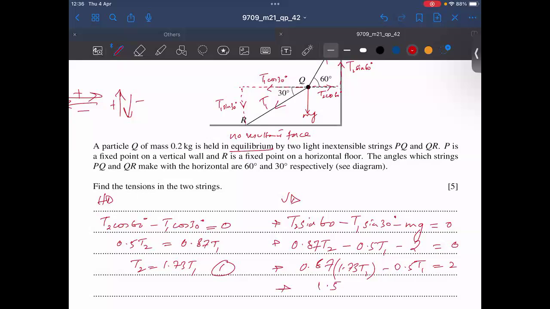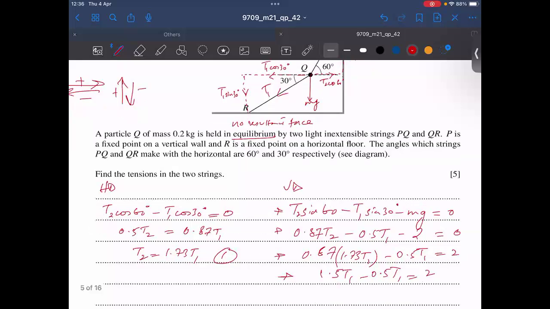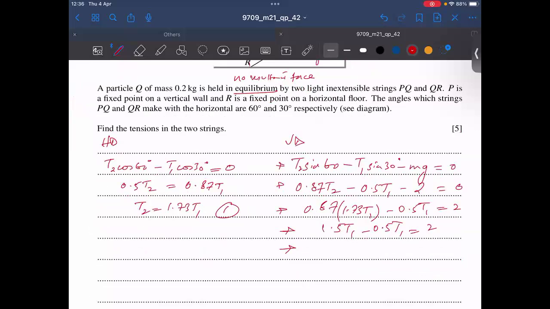So 1.5 T1 minus 0.5 T1 equals 2. It's going to be T1 equals 2 Newton.